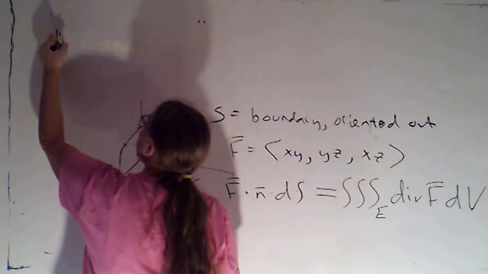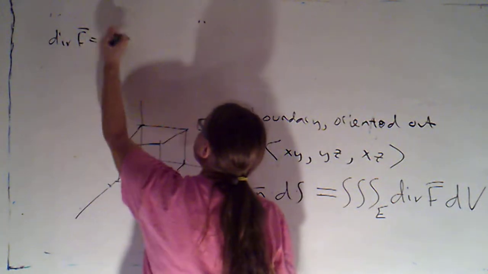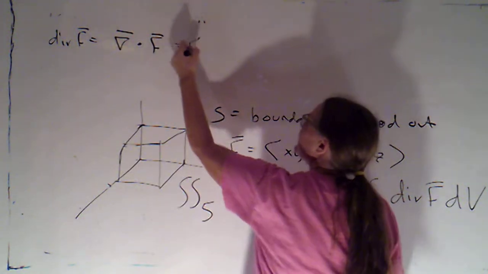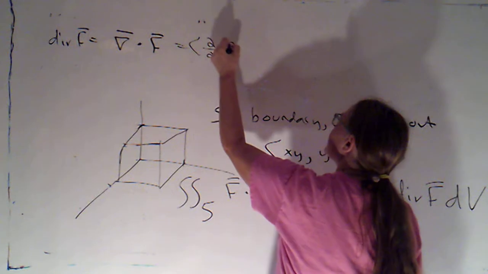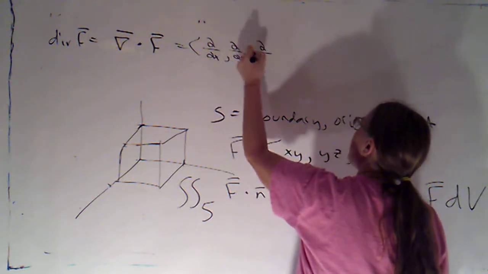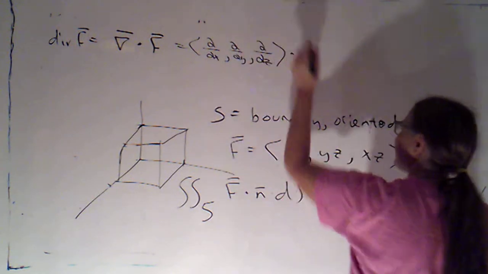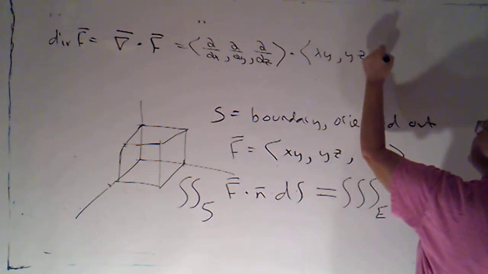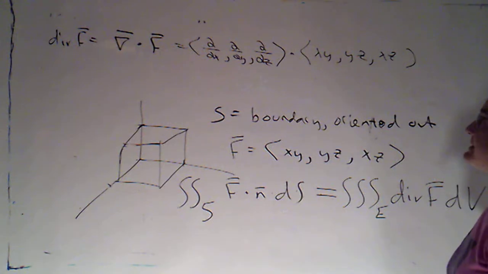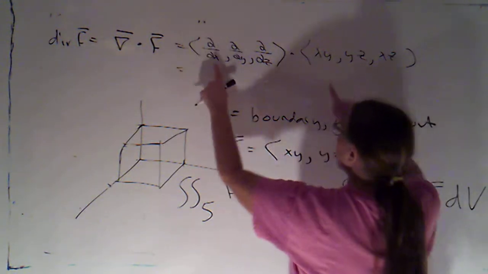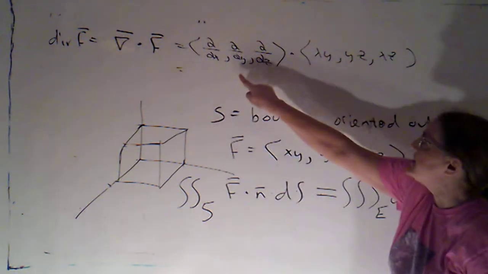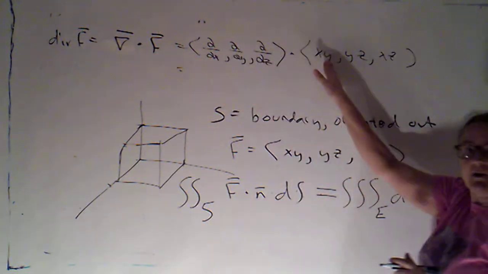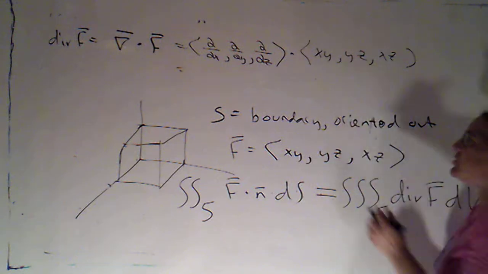So remember, the divergence of F is just the del operator dotted with F. So that's the partial with respect to x operator, partial with respect to y operator, partial with respect to z operator, dotted with xy, yz, xz. And of course we can't literally multiply these operators by these functions, but we can apply these operators to these functions, and that's how we interpret that.